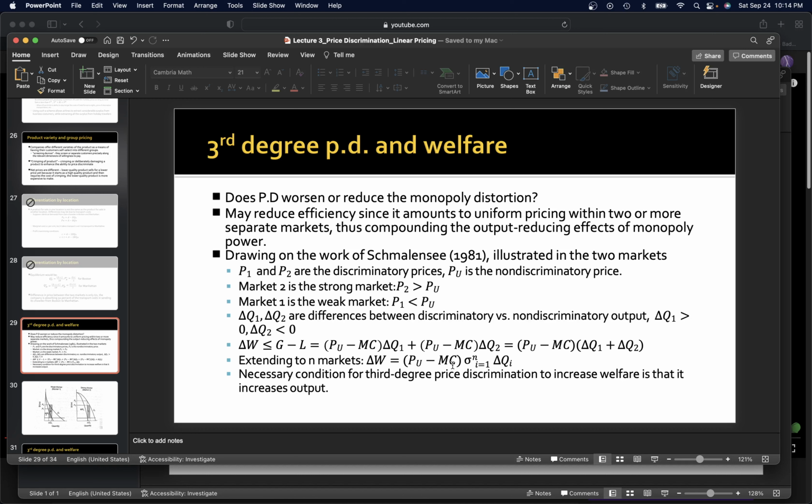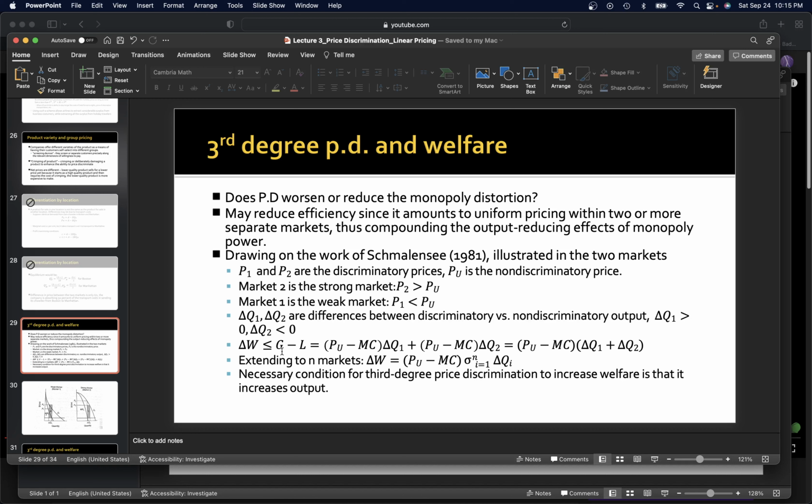So there will be gains if the change in quantity on net is positive. You cannot guarantee an increase in welfare if this is 0 or negative.